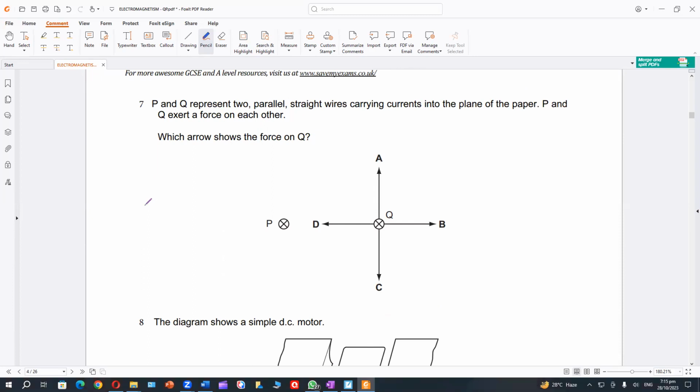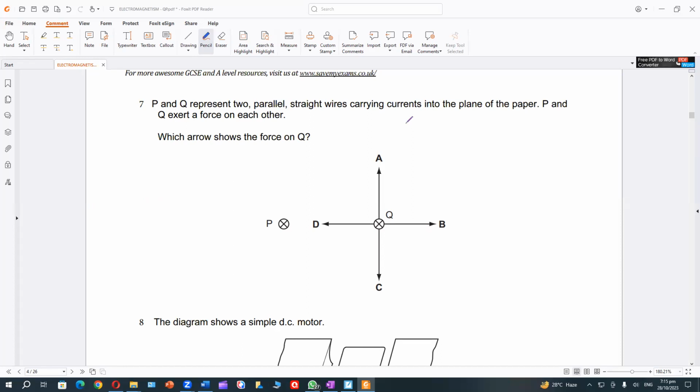P and Q exert a force on each other. Which arrow shows the force on Q?